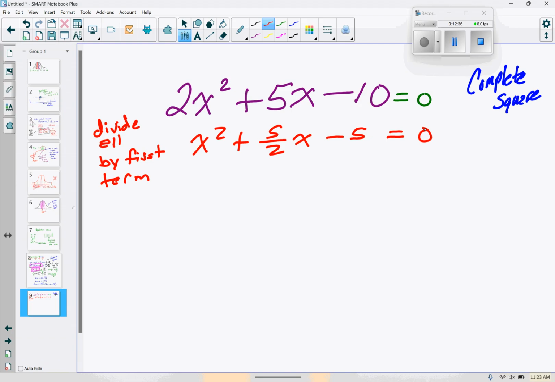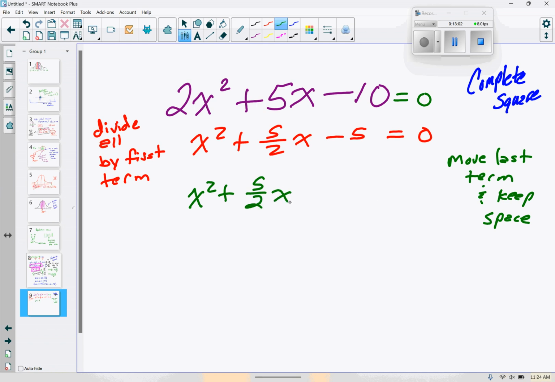Negative 10 over 2 is negative 5. 0 divided by 2 is 0. All with me? Yay or nay? Okay.